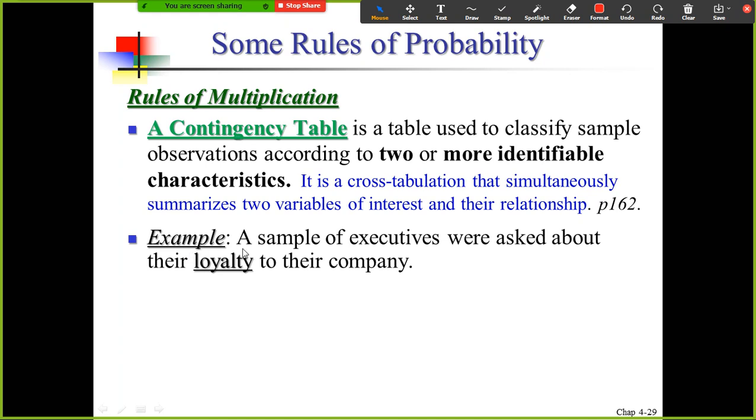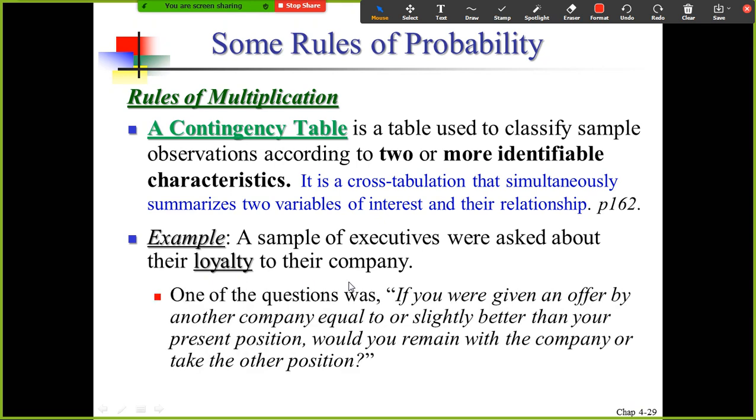For example, a sample of executives were asked about their loyalty to the company.